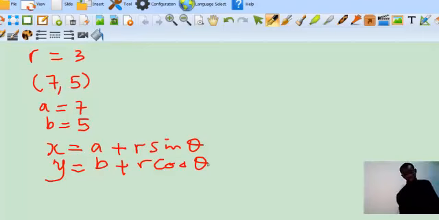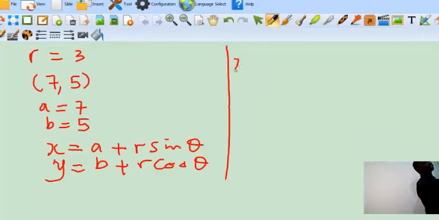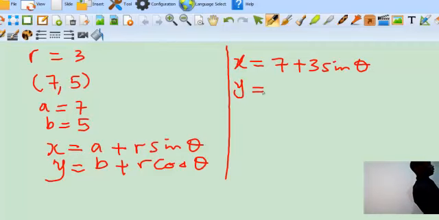So if you substitute all this into the parametric equations, you obtain X to be A, which is 7, plus, do not forget that your radius is 3, 3 cos theta, while Y will be B, which is 5, plus 3 sin theta.